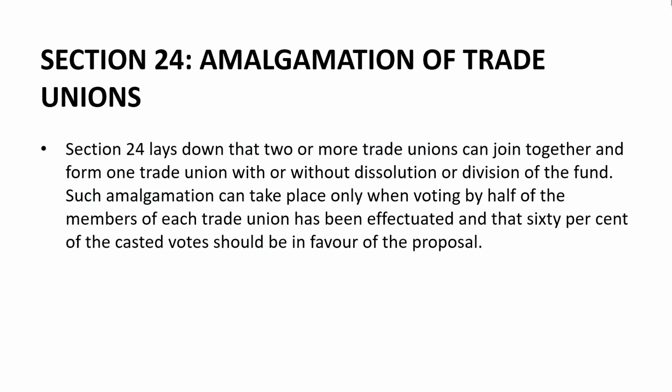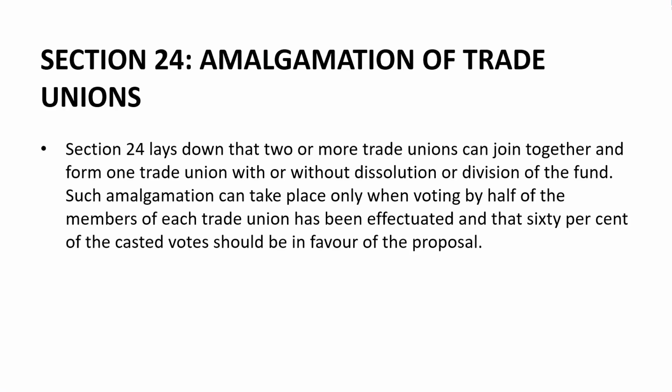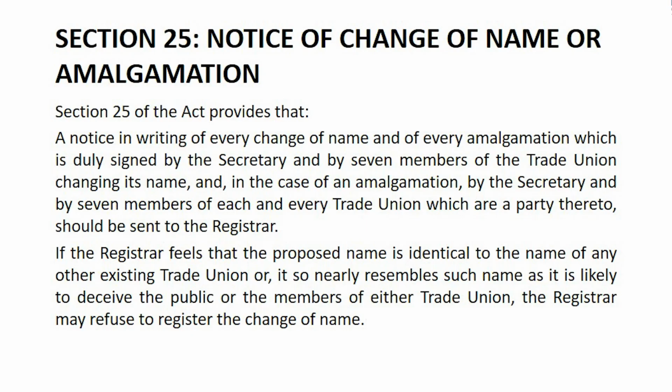Such amalgamation can take place only when at least half of the members of the trade union agree, and 60% of the votes have been cast in favor of this proposal. So, 50% have to agree in total, because we are having two or more trade unions being amalgamated, and 60% must cast their votes in favor of this proposal.